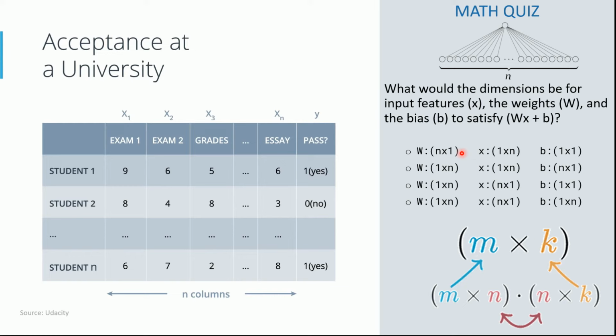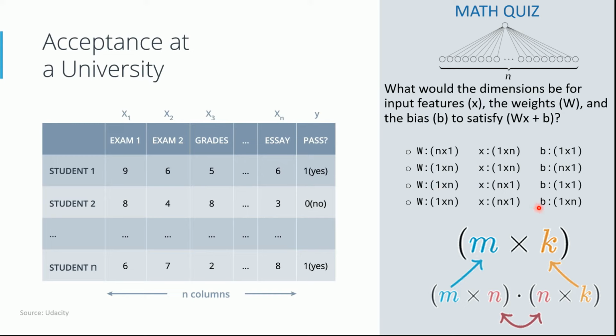And let's look at this. Here we can do multiplication, but in the first example, we'll have an n by n matrix result, which is not what we want. So the first answer is also wrong. So we are left with the third and the fourth answer, as they both allow us to multiply and they will produce a one by one result.